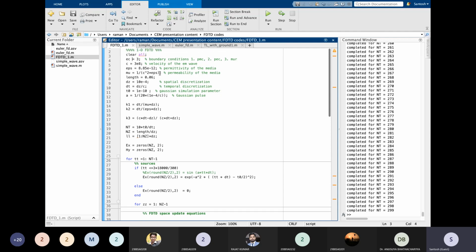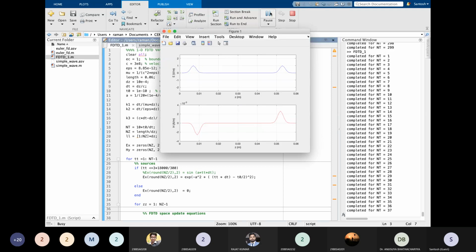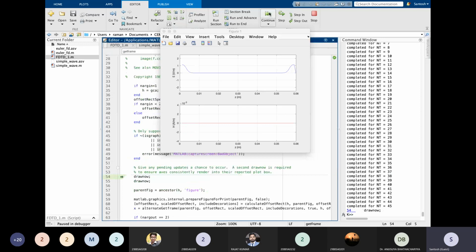Now let's say I do something like this. EC equals 1. So EC equals 1 is a PMC. Herein, this is very similar to an open circuit. That is, you have an electric field. You just notice the electric field and the magnetic field, okay? At this point, you see the electric field is increasing. Okay, so I'll just run it again.